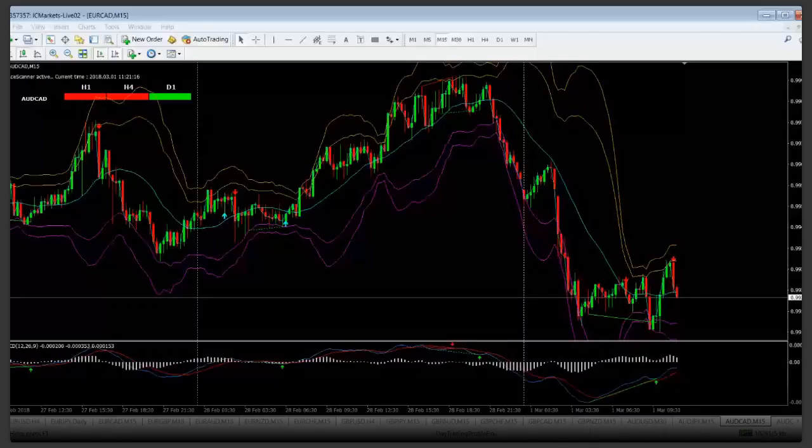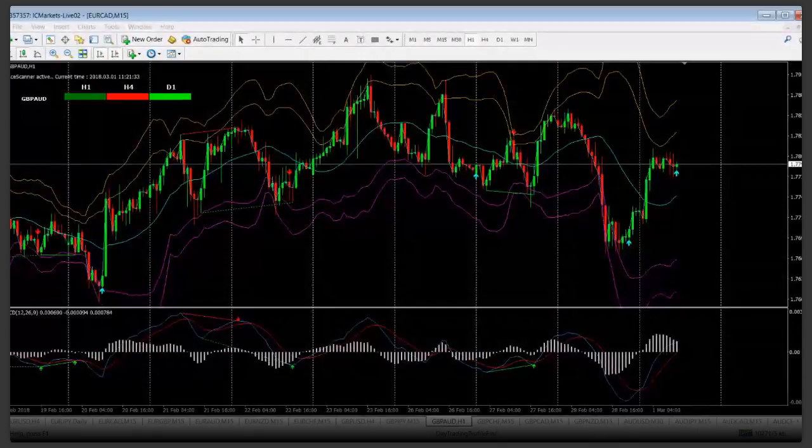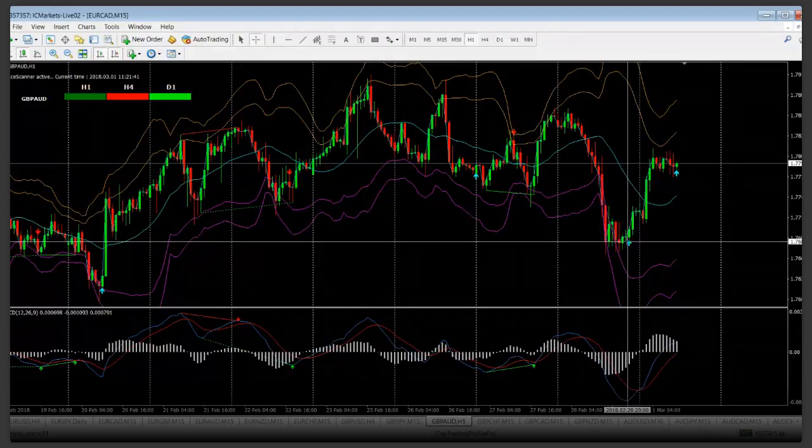So in two trades now, we're in the Aussie CAD and the Euro CAD. British pound Aussie. This one likes to move. 1 hour chart. Buy signal. Bit of a mixed. This would have been a better one down here.